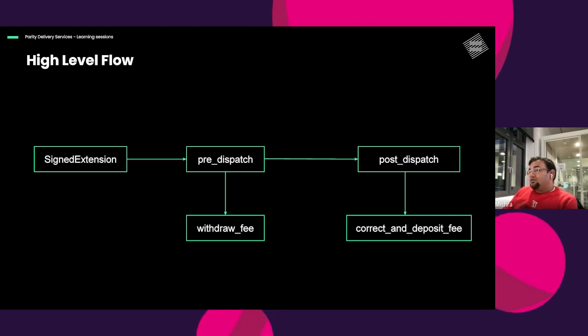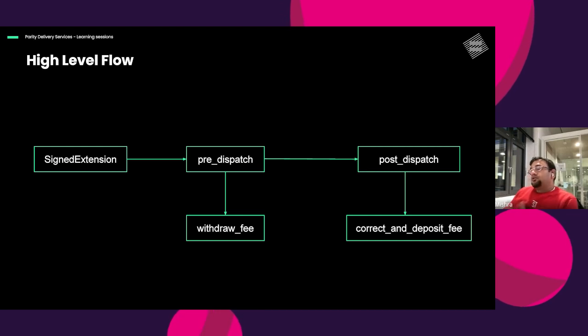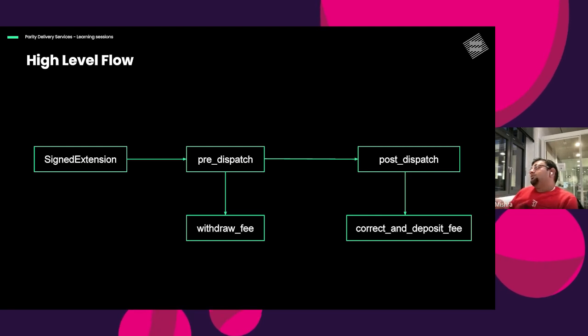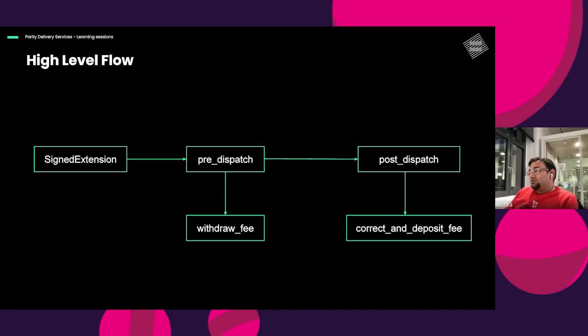The withdraw fee method secures the payment of the transaction fee before the transaction is executed. And the correct and deposit fee method refunds any overpaid fee and optionally deposits the corrected amount after the transaction is executed.